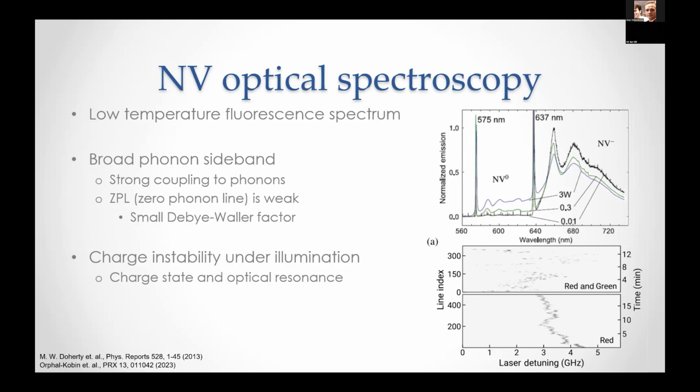The reason is a small Debye-Waller factor, which essentially tells us how much inelastic scattering we get when we scatter light. Originally, I think this was done for X-rays in crystals, but it tells us how much elastic scattering we get as opposed to inelastic scattering. So all these phonons are the dominant factor for NVs, and the Debye-Waller factor is relatively small.